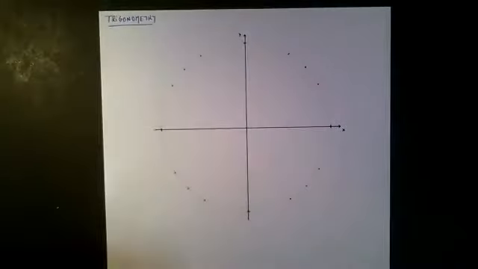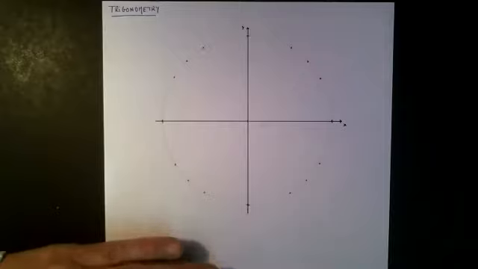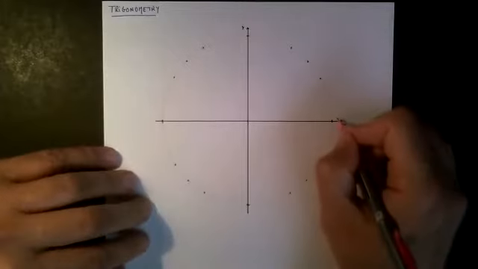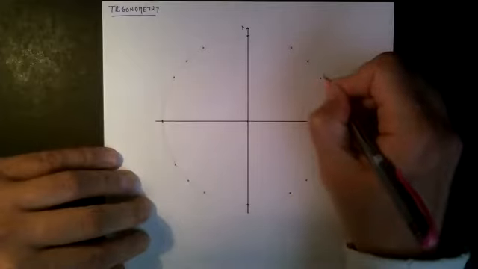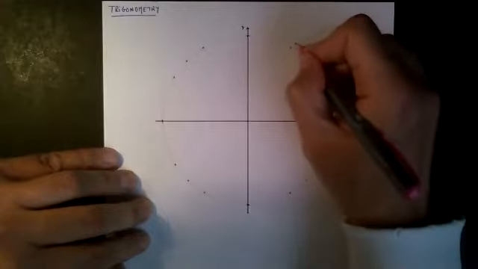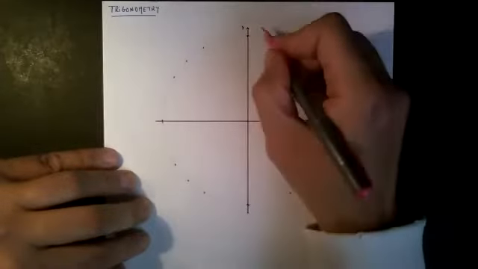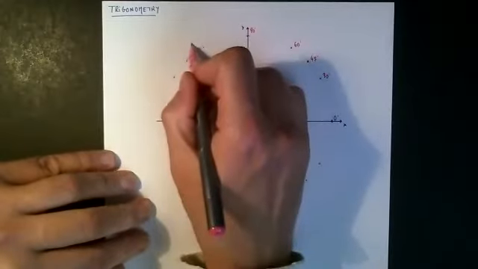I'm going to write the angles that are interesting for me. Obviously there is 0 degrees, here there is 30 degrees, 45, 60, 90 degrees.